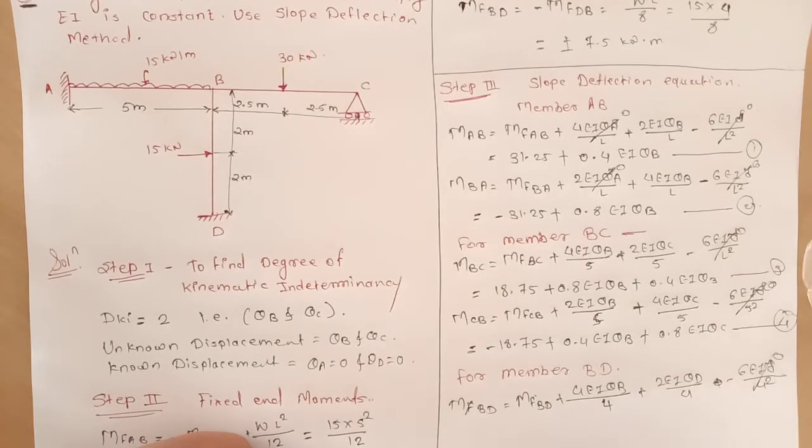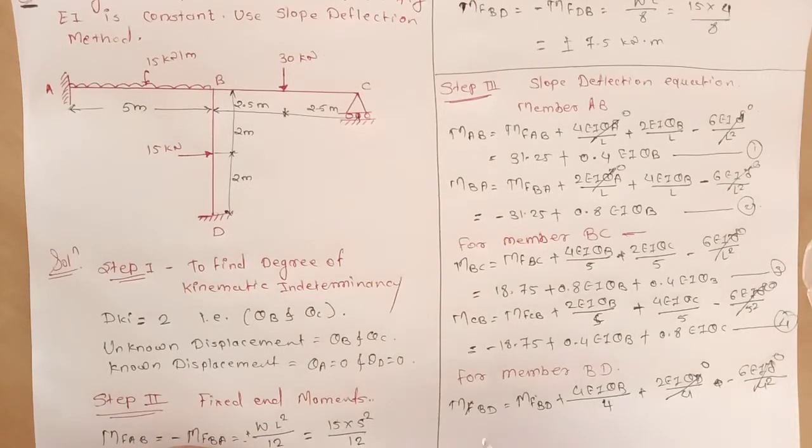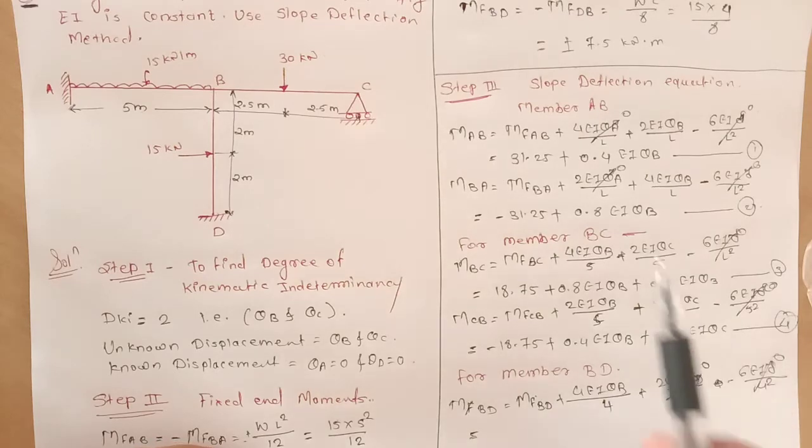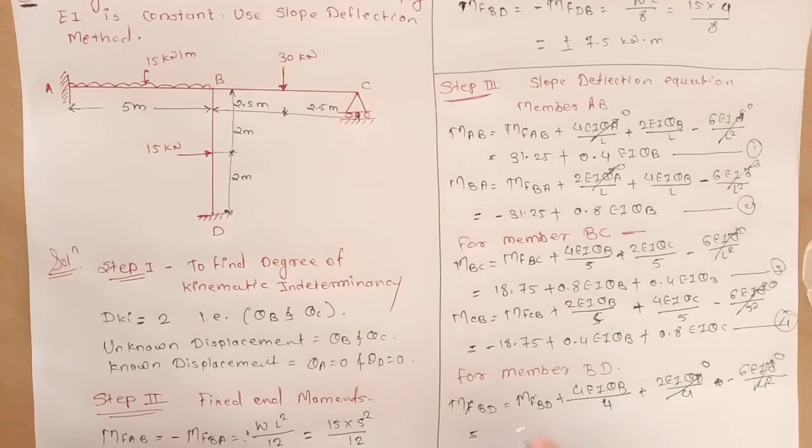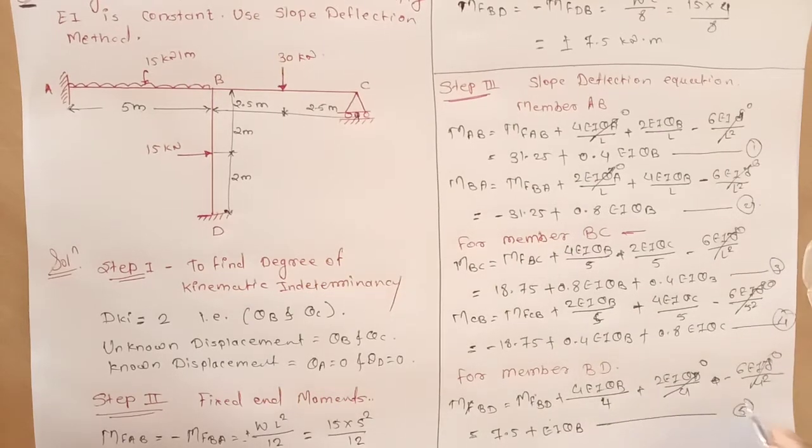Here the delta term is equal to 0 and the theta D term is also equal to 0. So remaining is, we know that the value of fixed moment for member BD is 7.5, which was already solved in step number 2. So here 7.5 plus 4 divided by 4 EI theta B, which is 1 EI theta B, that is only EI theta B. This is equation number 5.